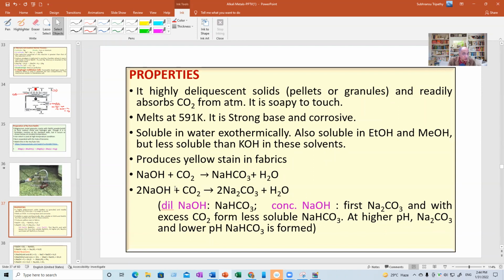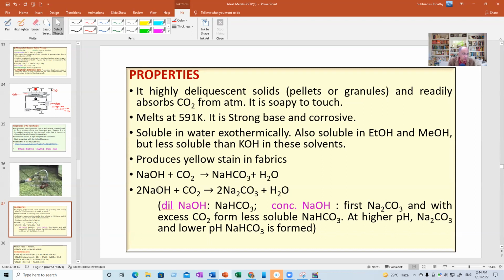At a higher pH, first sodium carbonate is produced, and when you continue to pass more CO2, the pH will be reduced because carbon dioxide is acidic in nature, and at a lower pH, bicarbonate will again form.